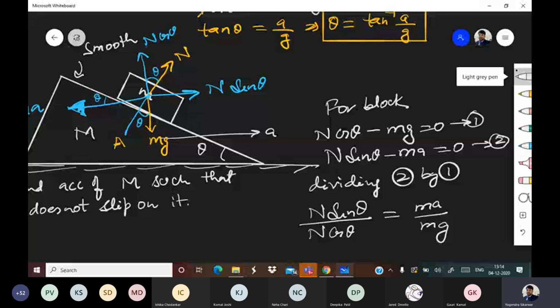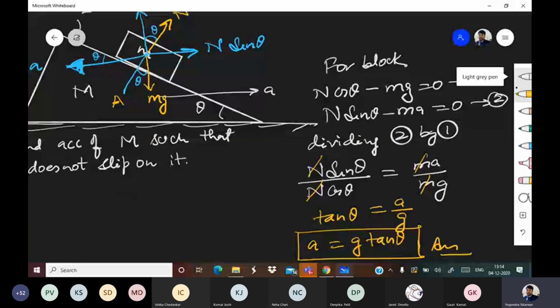So tan theta is equal to a by g. So a comes out to be g tan theta. Answer: a comes out to be g tan theta.